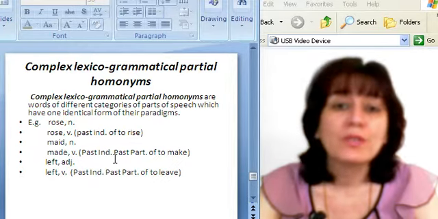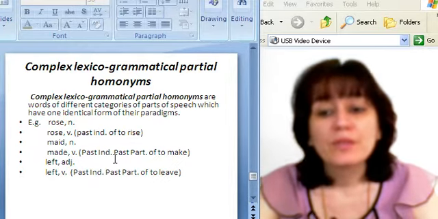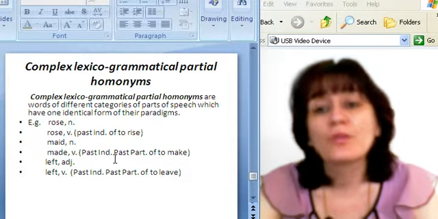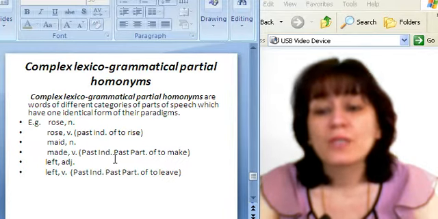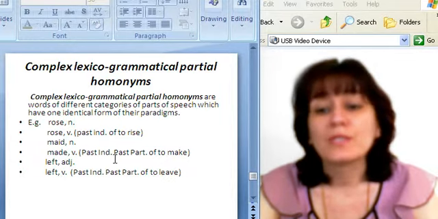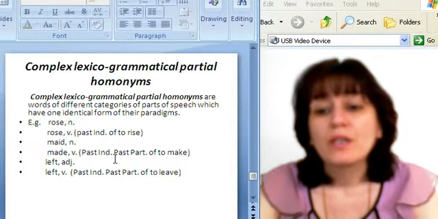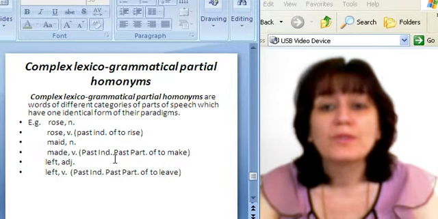So maid and maid. So maid as a noun, a female servant in a house or a hotel, and maid as past indefinite or past participle of the verb to make. Left and left. So left as an adjective, an antonym of right, and left as past indefinite or past participle of the verb to leave.